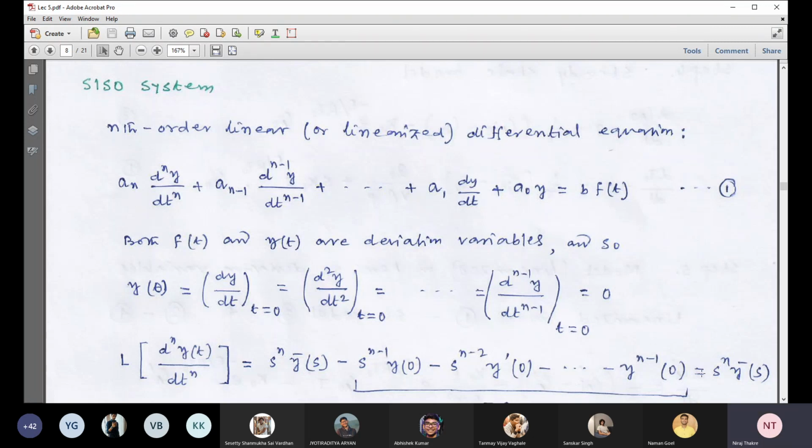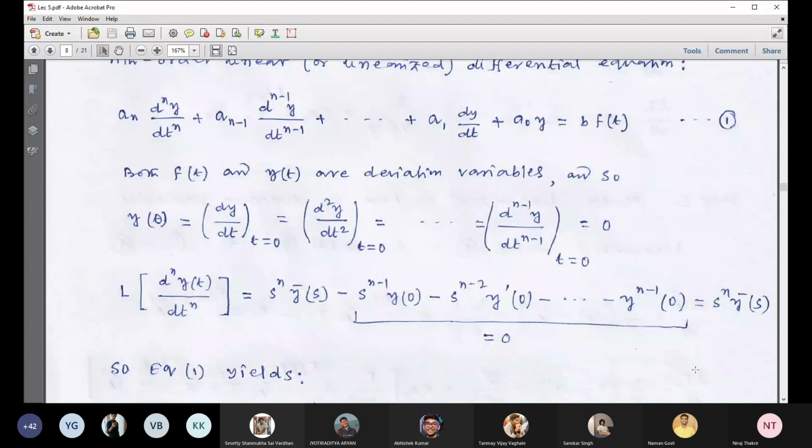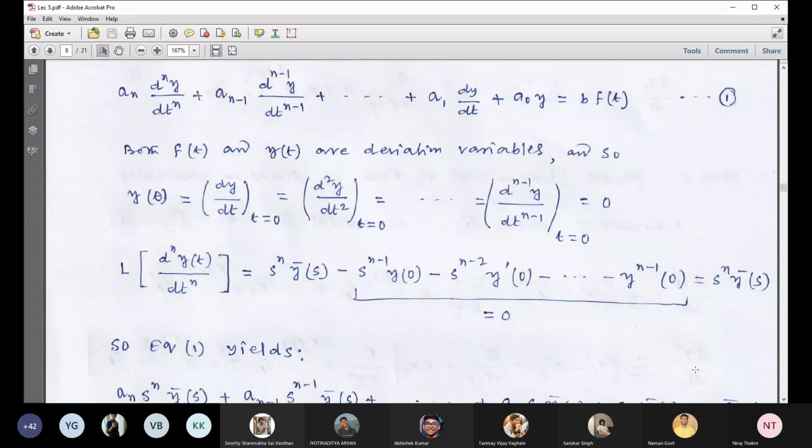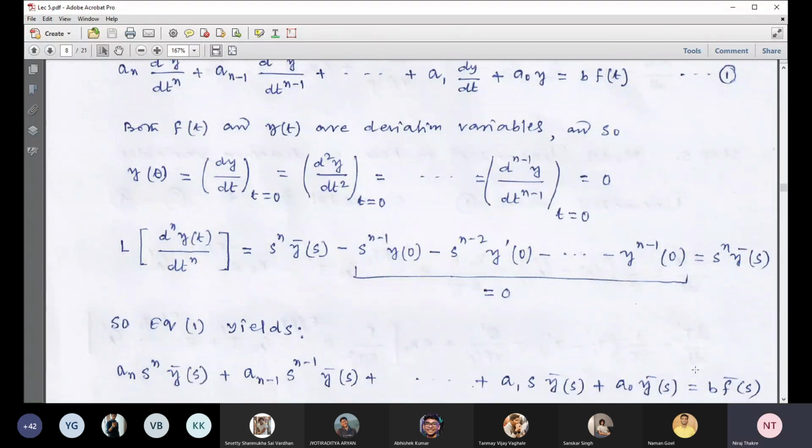With this understanding, we'll go back to equation 1 now. So you see equation 1 yields this.